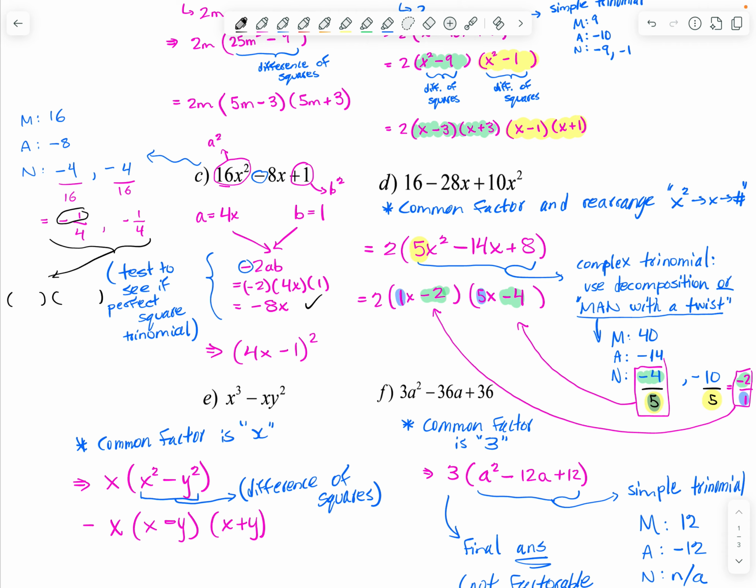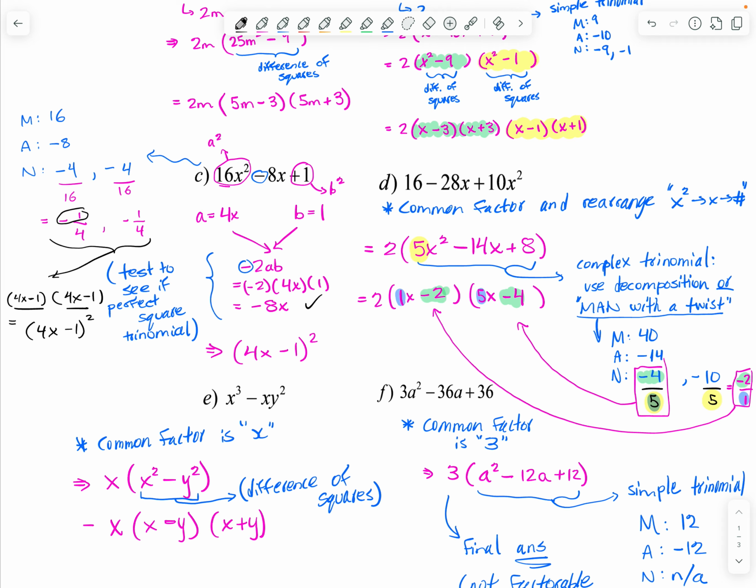This is going to be at the end, so -1. This is also going to be at the end, -1. And then I don't have any y's or anything here, so I just leave it as a -1. And here I have 4x squared, 4x. So that's the coefficient of x, 4x and 4x. Notice that these two are the exact same, so this is a perfect square. So I get 4x minus 1 squared.